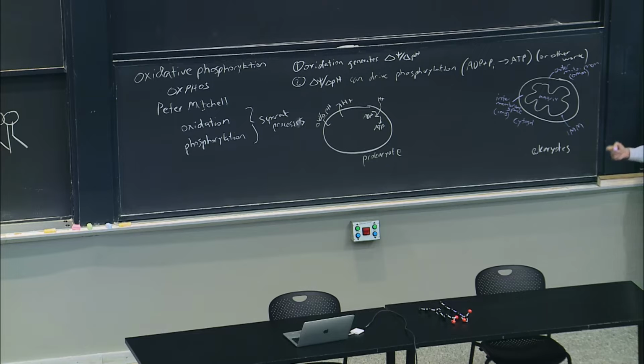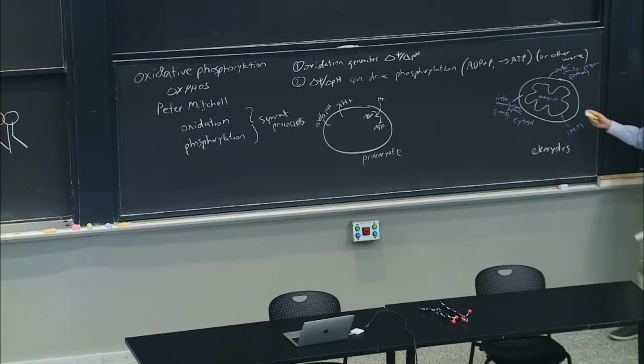If you'll recall, many of these oxidation reactions, the TCA cycle, fatty acid oxidation, pyruvate dehydrogenase step, all of those were happening in the matrix of the mitochondria. Remember, glycolysis was in the cytosol, but all these other processes were happening in the matrix of the mitochondria.